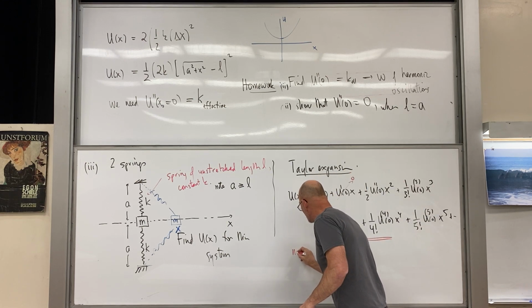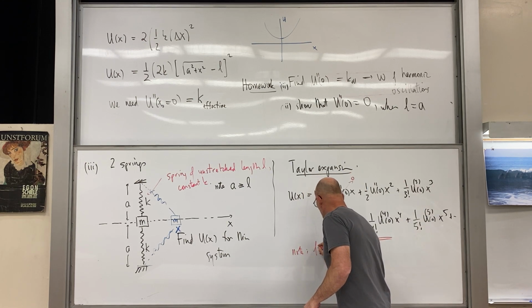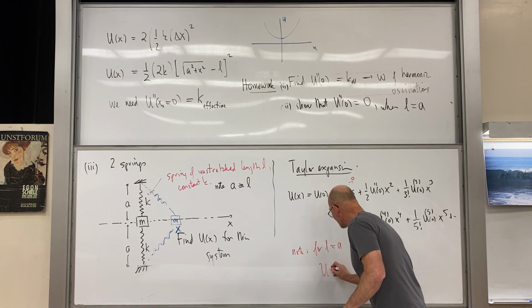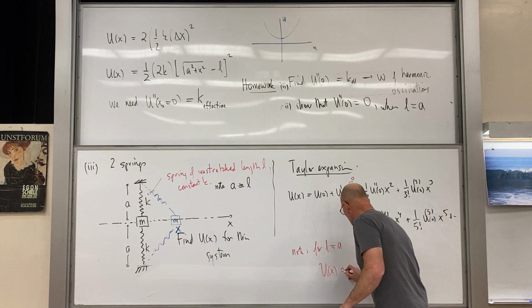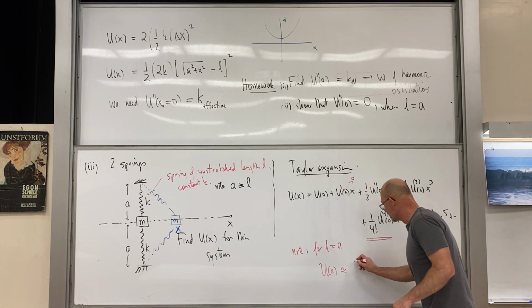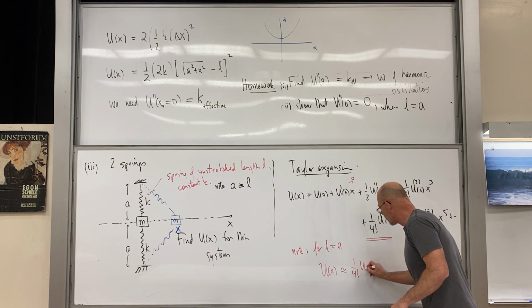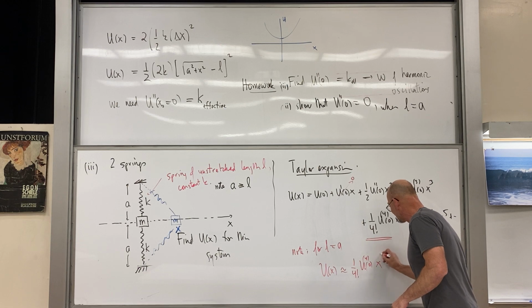So note, for L equals A, u of x is approximated by 1 over 4 factorial, fourth derivative at 0, x to the fourth.